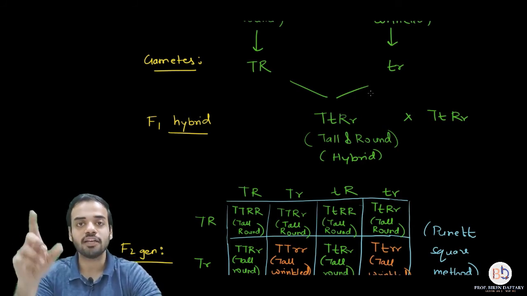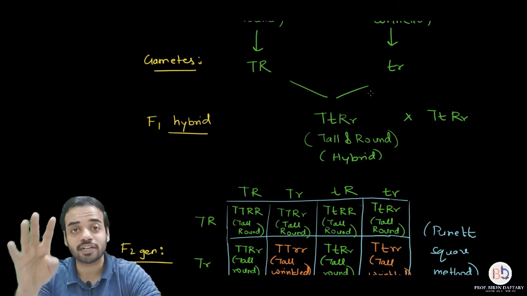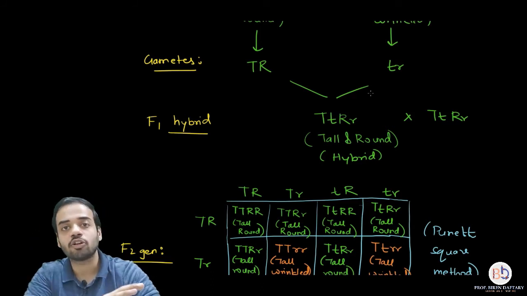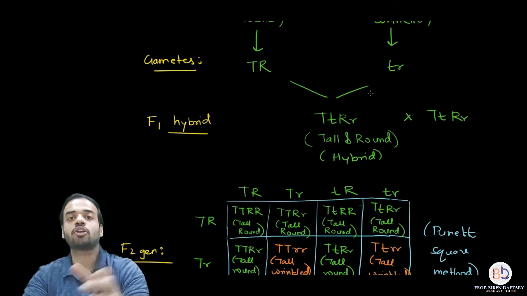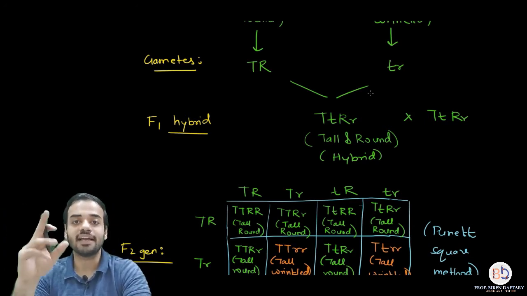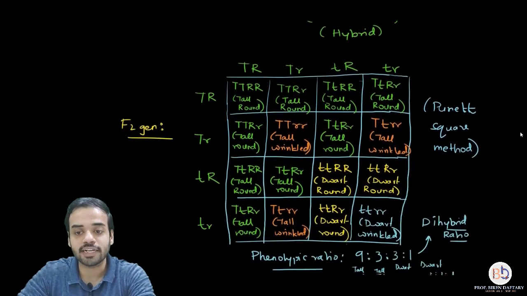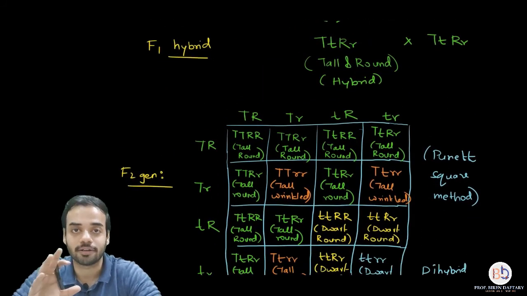So that is why when you form the gametes for capital T, small t, capital R, small r, you are getting 4 gametes. The alleles from one character cannot influence or control the alleles of the other character. So you get all the 4 combinations, and that is why when you self the F1 hybrid, the final offspring that you are getting is small t, small r, which is a complete recessive plant.